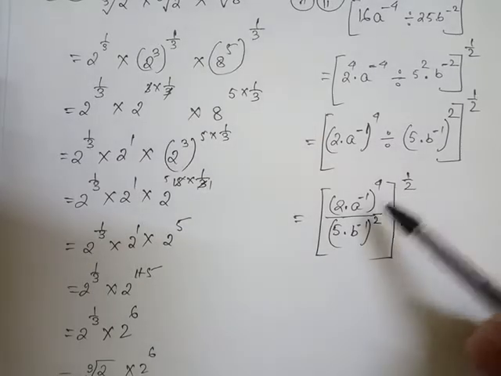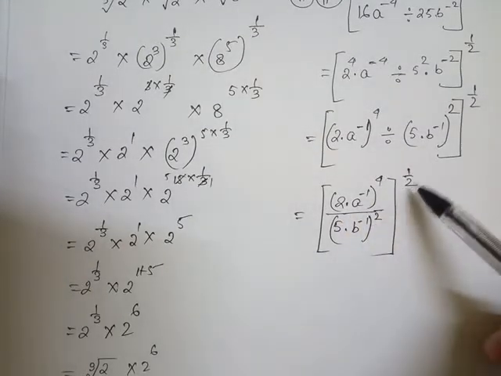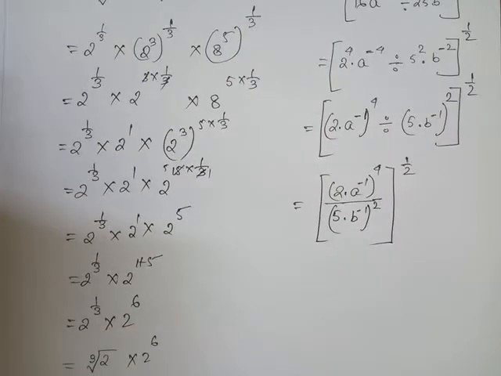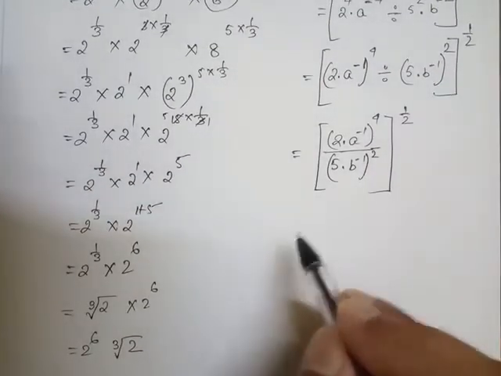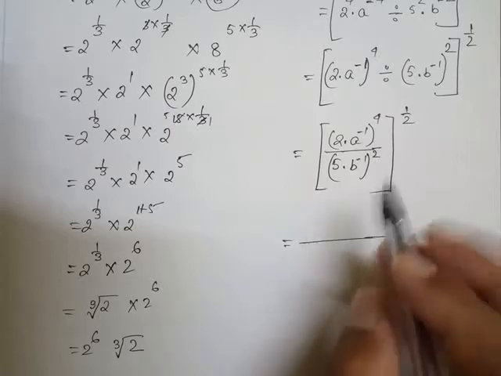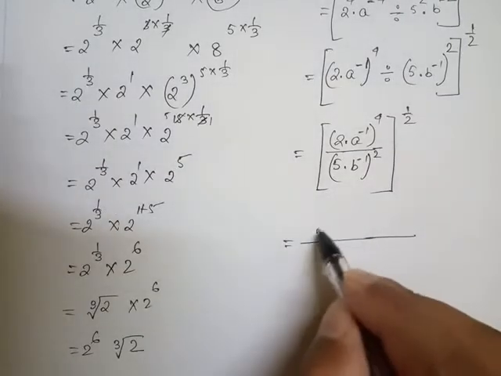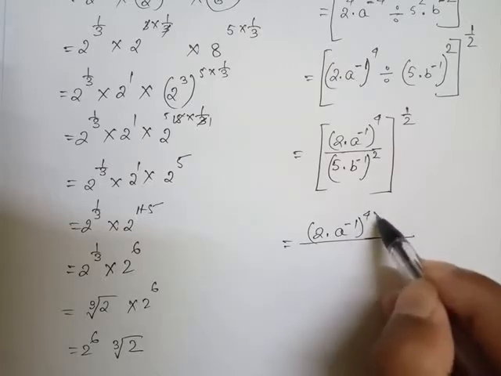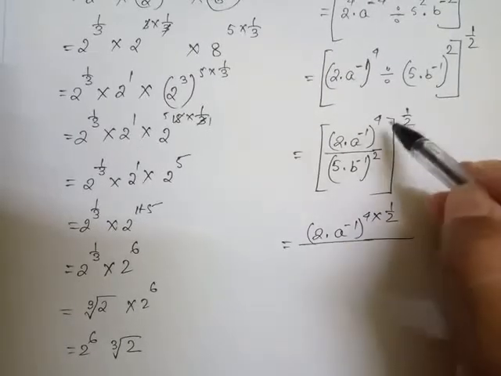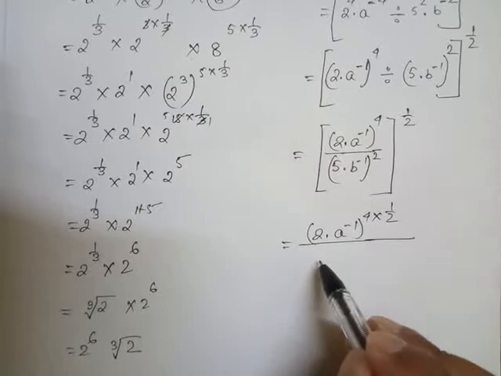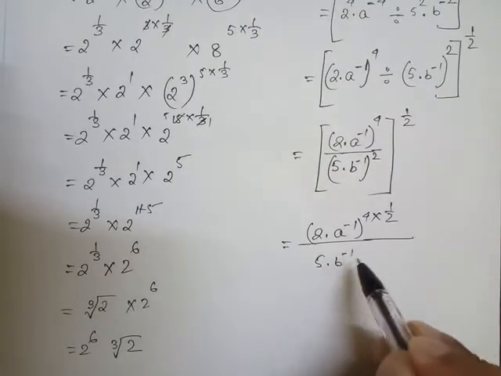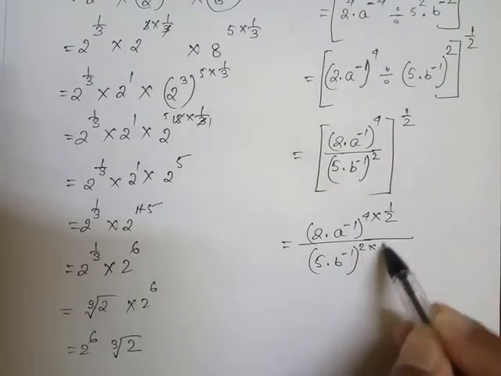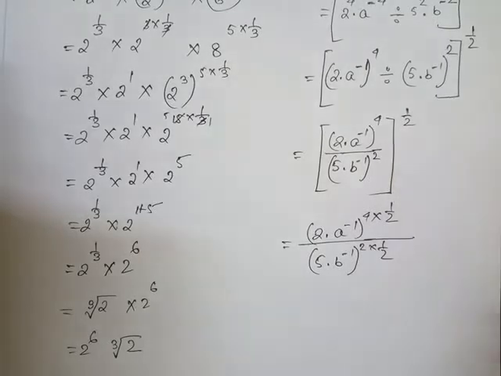Since these two are under one power, this will split up again. In the next step we'll write 2 into a to the power minus 1 whole to the power 4 into half. This will split up, and here also 5 into b to the power minus 1 square into half. This half will split up in the numerator and in the denominator also.